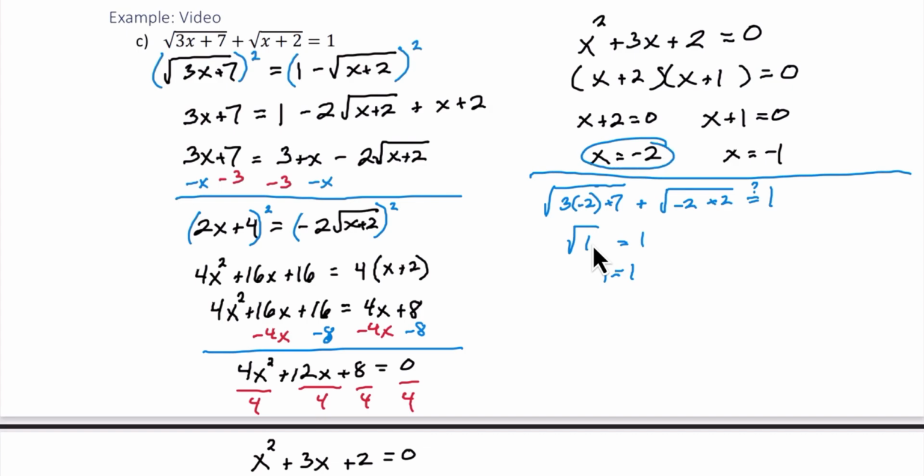Let's see if the other one is good. Again, we need to plug negative 1 into the radical on the original equation. And we're asking, is this equal to 1?